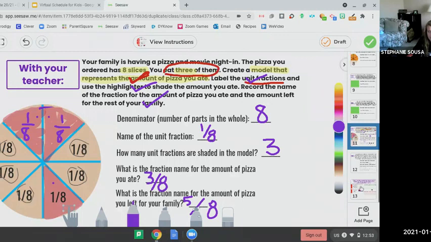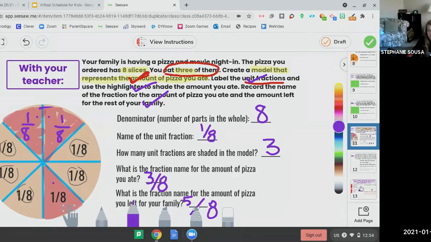Slide 13 is looking at your success criteria and asking you to explain how you know you were successful or how you know you were not successful. Remember, it was easy, or I got done fast, or it was hard does not explain that you know what's going on. You need to be using vocabulary: denominator, numerator, unit fraction, shade, partition.